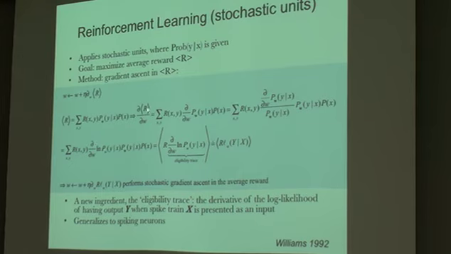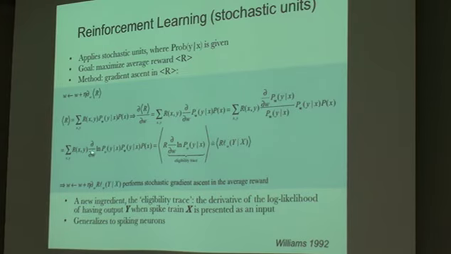If you take the gradient of the reward, the only thing that depends on the weights is the conditional probability of having the output given the input. But something like that I can't really sample, because I'm missing the probability of having x and y. So what I do is divide and multiply by this probability. Now the derivative of this probability divided by the probability is just the derivative of the log of the probability.